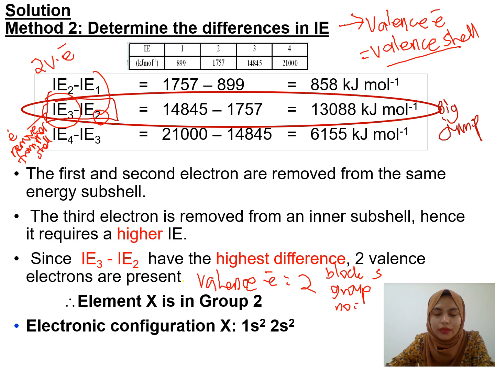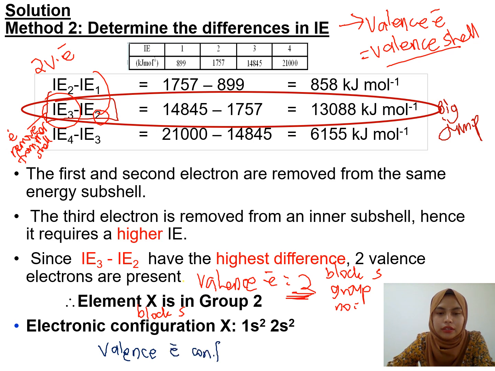So since valence electron dia equals to 2, therefore element X akan berada di block S. Okay. And therefore the electronic configuration of X will be 1s2 2s2, tetapi valence electronic configuration of X will be only 2s2. Senang tak? I hope that you can get this.